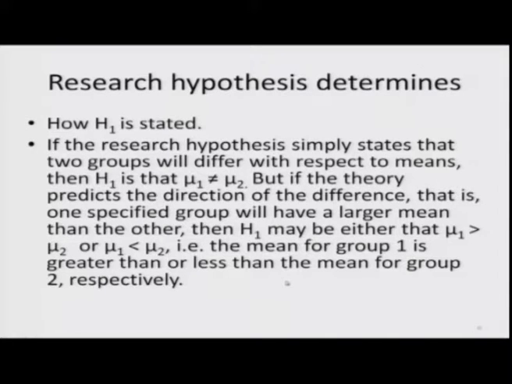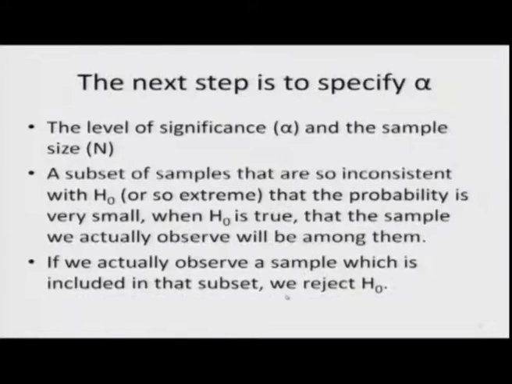Now, this is important to specify right in the beginning whether your alternative hypothesis is mu 1 is not equal to mu 2 or mu 1 is greater than mu 2 or mu 1 is less than mu 2, because your area of rejection is going to be decided by your alternative hypothesis.